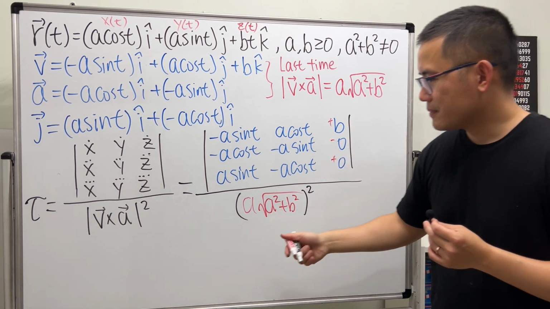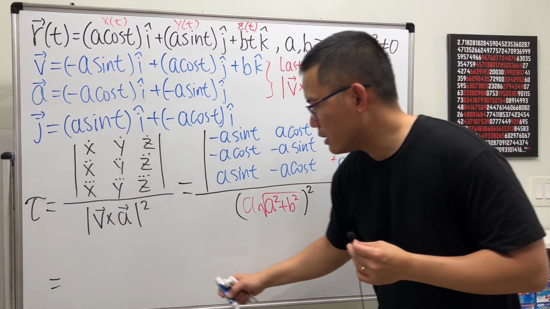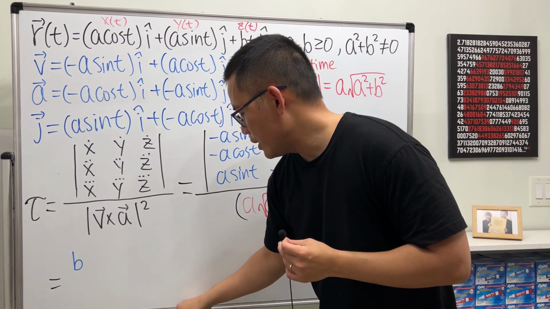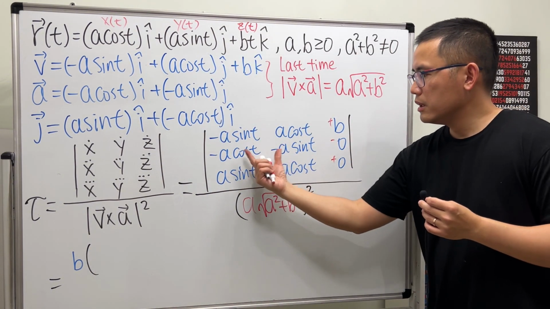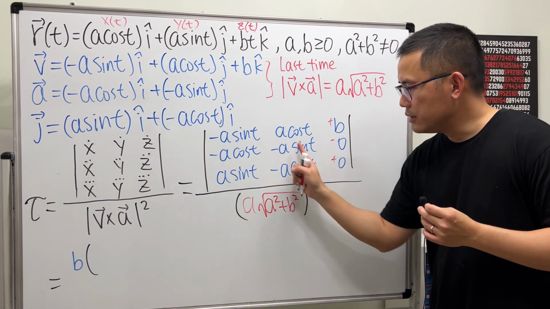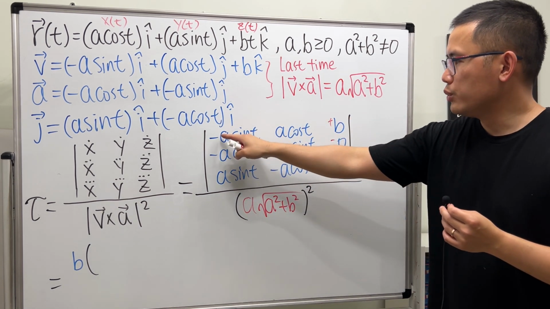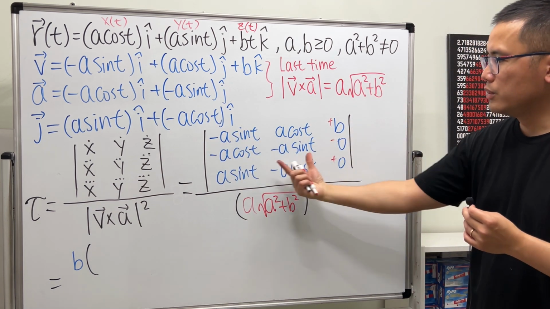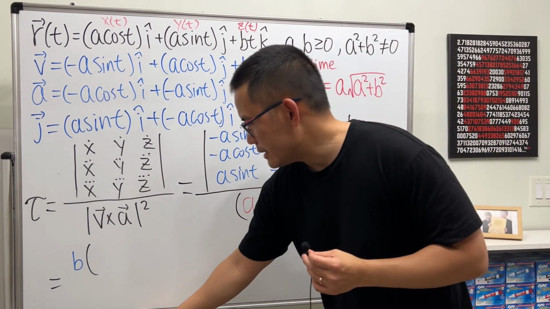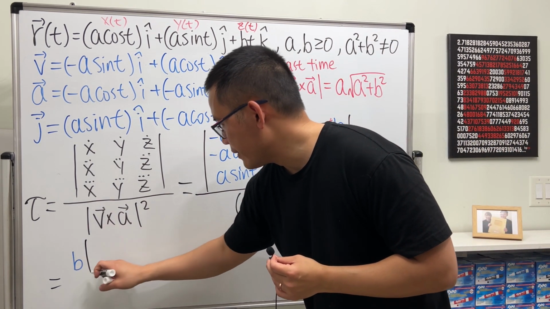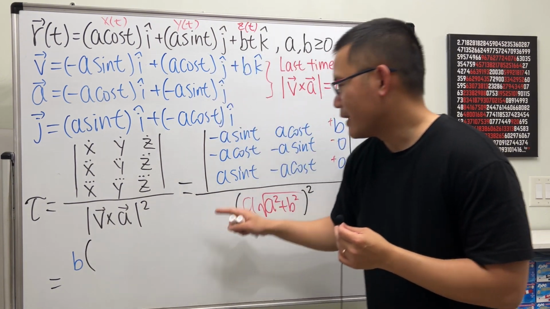But here, this is going to give us positive b, and then we are just going to multiply by the determinant of this matrix. Because once you start with this entry, you delete this row, you delete this column. Look at that. So, looking at this, I think I'm just going to set this up for you guys.